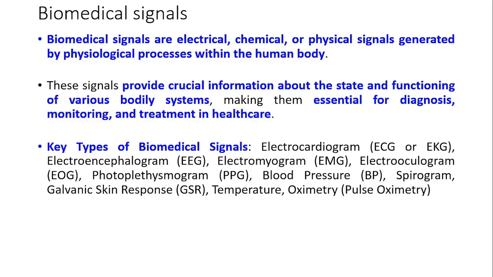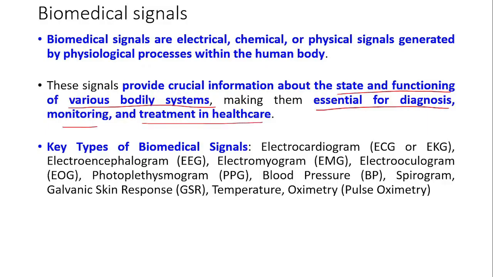Physical signals: I am talking to you, so these are physical signals. These signals provide crucial information about the state and functioning of various bodily systems, and due to this, the analysis of these signals is essential for diagnosis, monitoring, and treatment in healthcare.